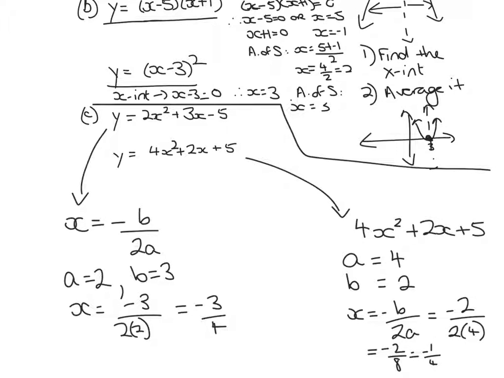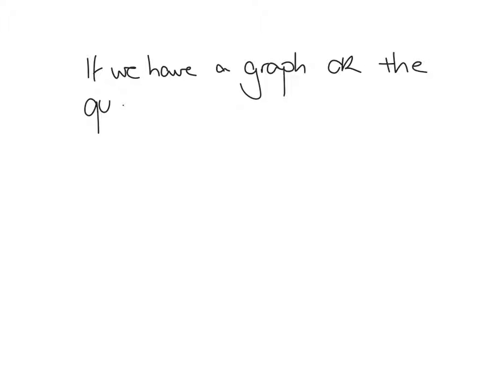And that's the answer. So in summary, if we're finding the axis of symmetry and we have a graph, or the quadratic is factored, that means we'll have some brackets.